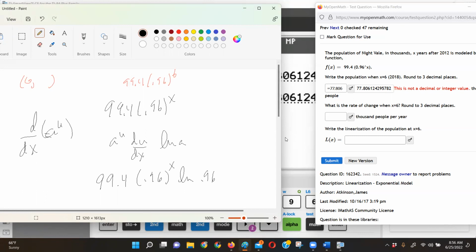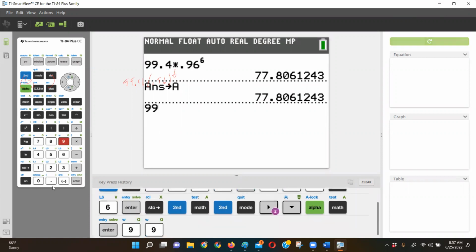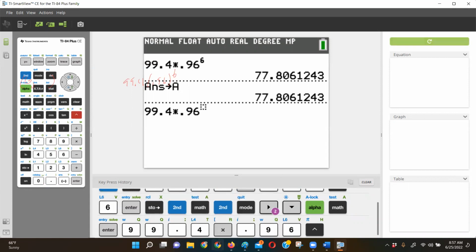slope at that point. So we're going to evaluate our function now. We're going to evaluate that at 6. So let's come back here to my calculator. I think I can just do it right here. So 99.4 times 0.96 raised to the, was it 4 or no, I don't remember.